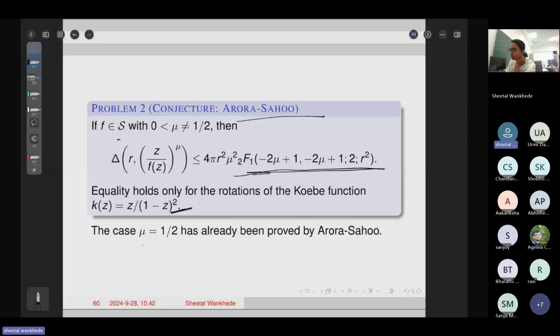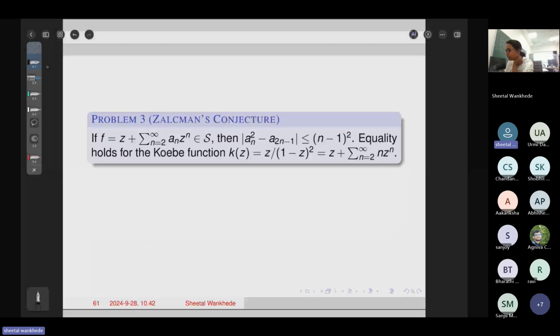Okay. And third, more important is the Zalcman conjecture. The Zalcman conjecture is that when the function f belongs to class S, then the modulus of a_n square minus a_{2n-1} is less than (n-1) square. And again, equality holds for the Koebe function.